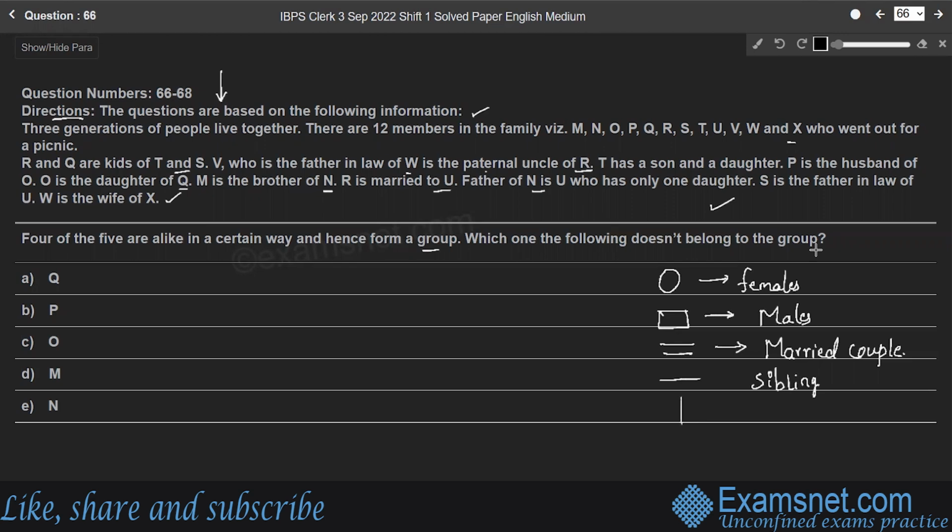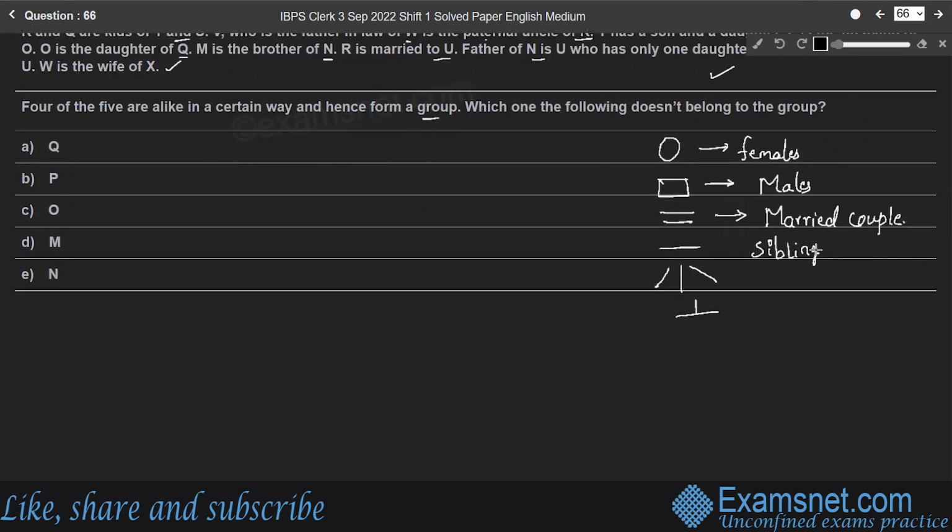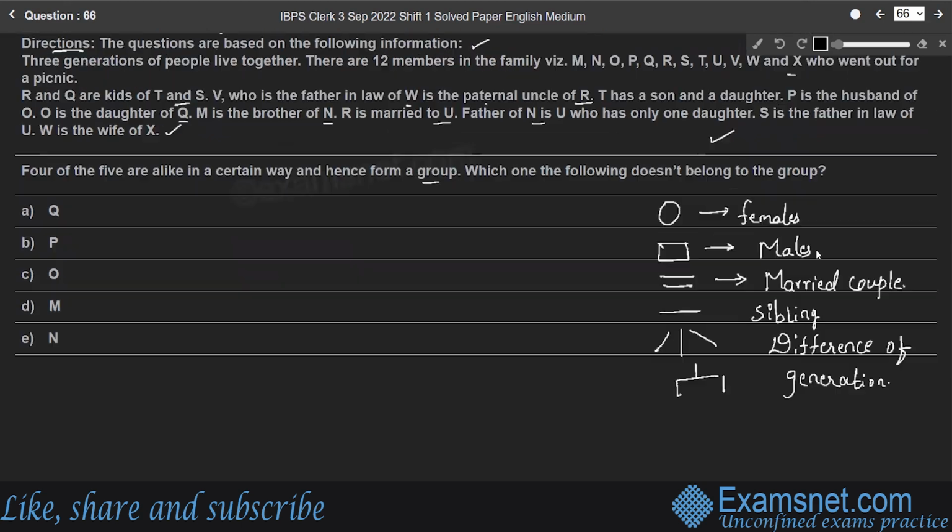A vertical or slanted line represents a generation gap, that means father to daughter, father to son, mother to daughter, mother to son, like that, a difference of generation, right?